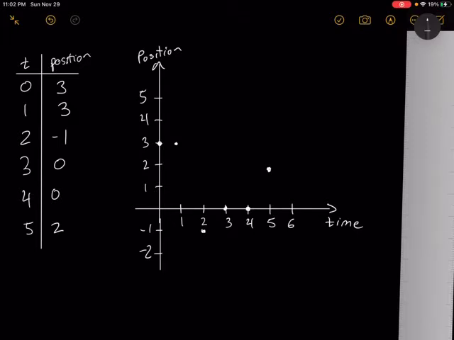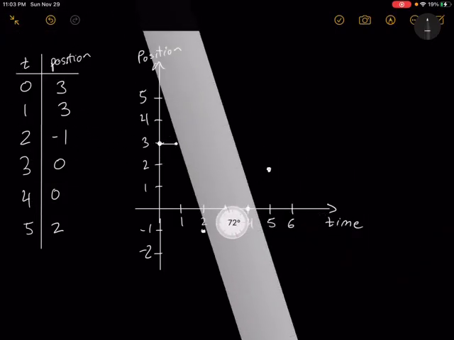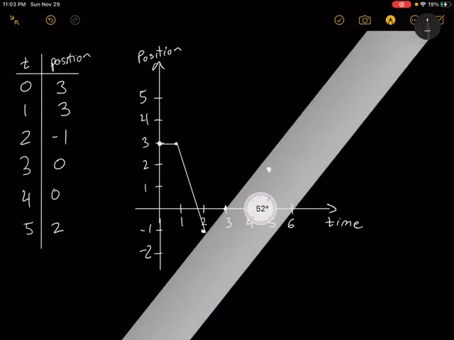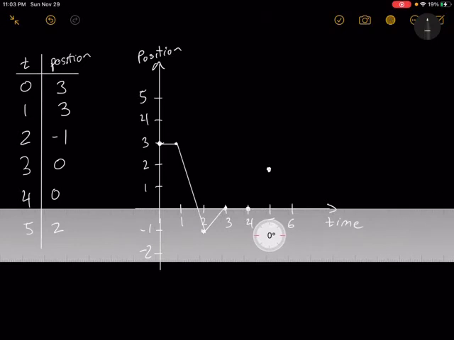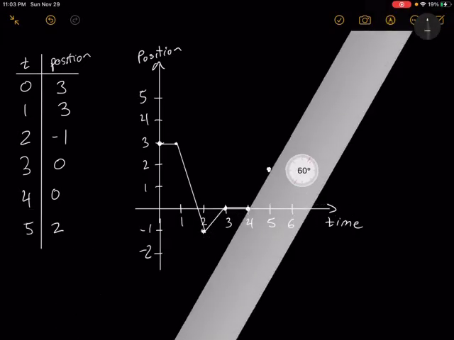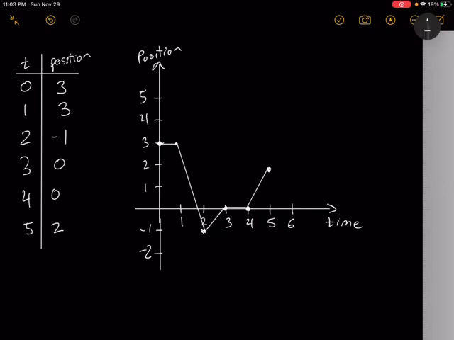So we can get an idea what this object was doing. Draw some lines. All right, so now we can see from 0 to 1 second, the object was not moving. We have a horizontal flat line.